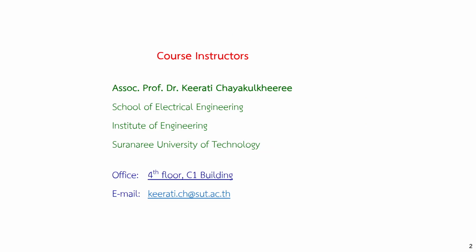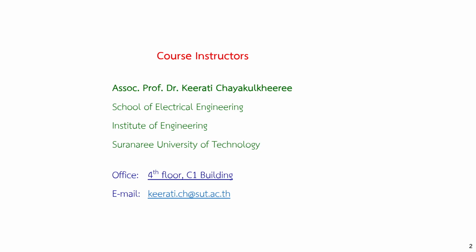My name is Ajak Kirati Chayakun Kiri from the School of Electrical Engineering. For this class, you can contact me through the TA in the Facebook group, or you can message me directly. You can see my account in that group already.